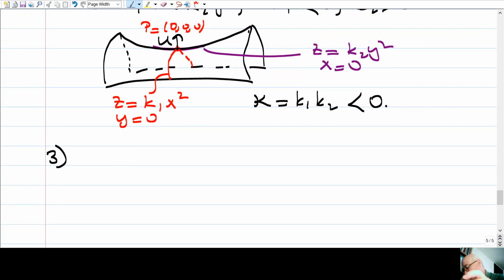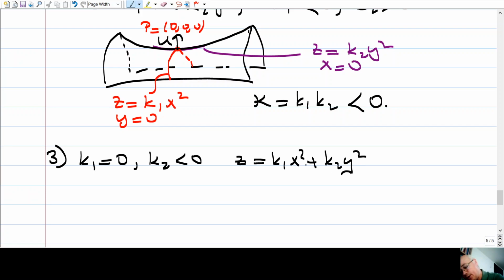For the third case, let's say K1 is 0 and K2 is negative. So I have Z equals K1 x squared plus K2 y squared, but this is 0, so I have just K2 y squared.